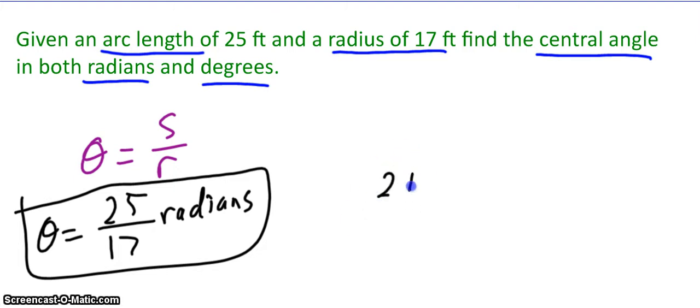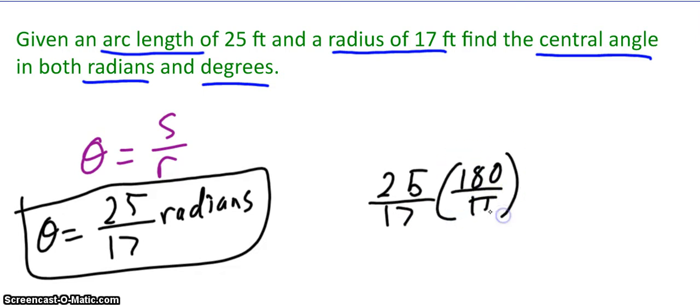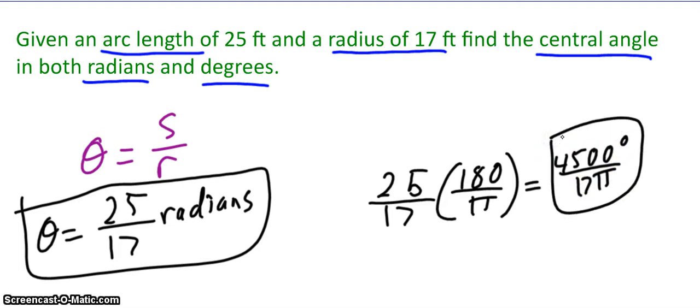So 25 over 17 times 180 over pi, and we can do both the exact values, so 25 times 180 divided by 17, and this is going to be 4500 over 17 pi degrees, so that would be the exact value.